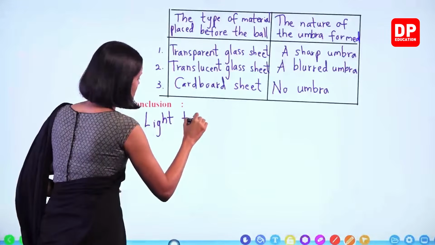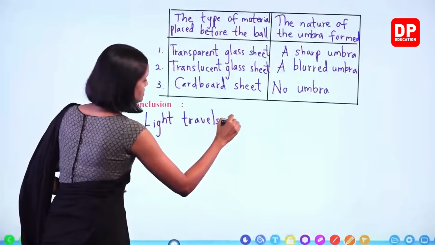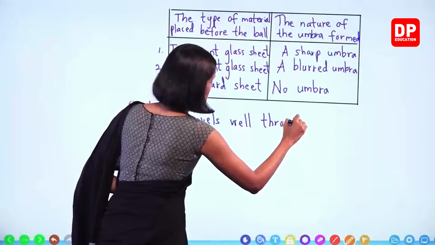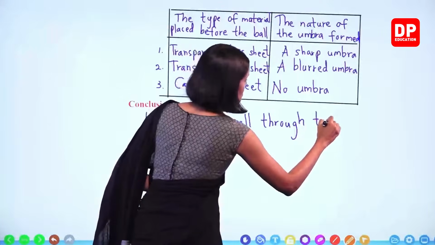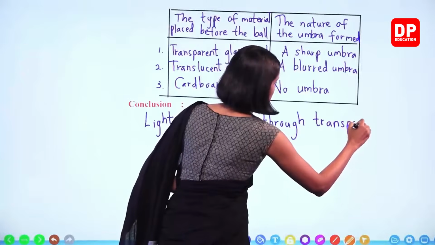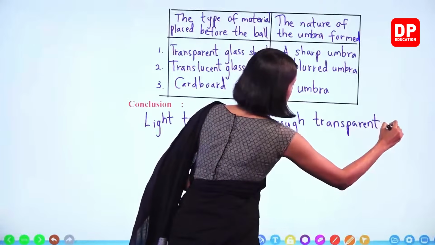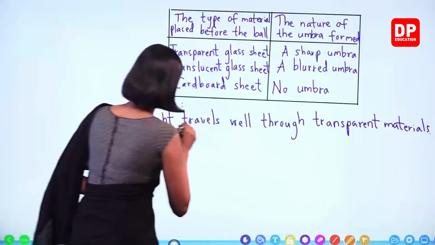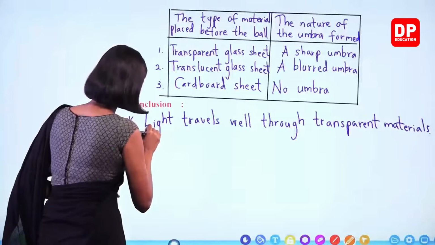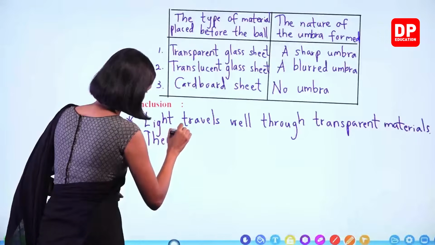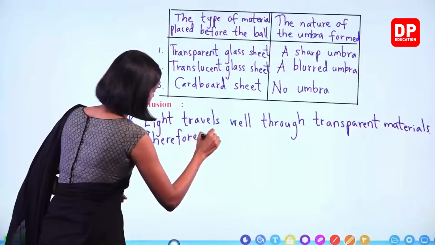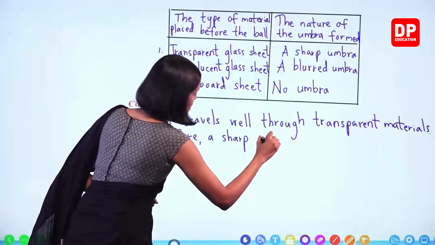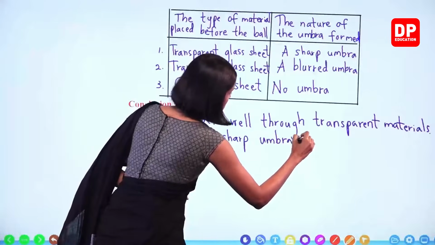Light travels well through transparent materials. Therefore, a sharp umbra is formed.